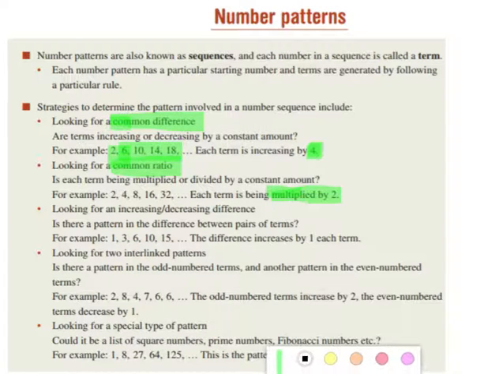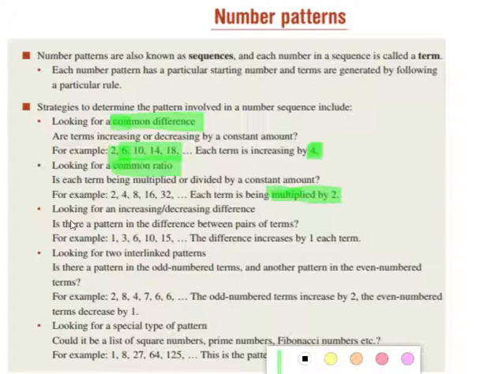The common ratio could be divided by, so the pattern goes down, increasingly smaller, or multiplied by, where it's increasingly larger. But we're timesing or dividing each of the terms to get the next term. The previous one was adding or subtracting to get the next term in the series.